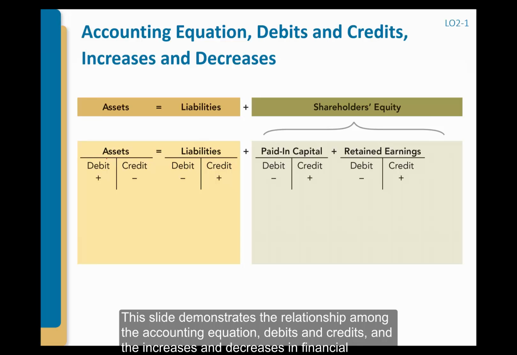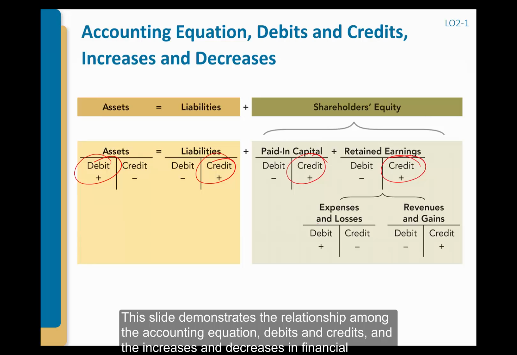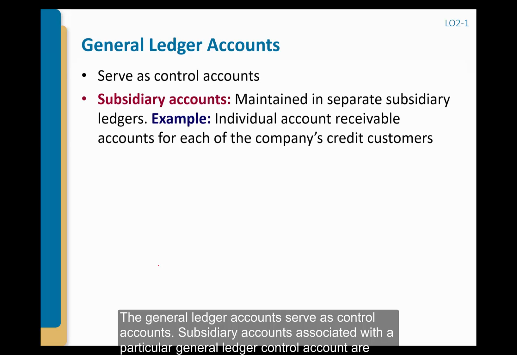You see debits increase the assets, liabilities increase on the credit, paid in capital and retained earnings increase on the credit. So we're just expanding out our accounting equation. Now expenses, they increase on the debit, revenues and gains, they increase on the credit. So if you have this memorized, then that would really help you understand pretty much all of our accounts.